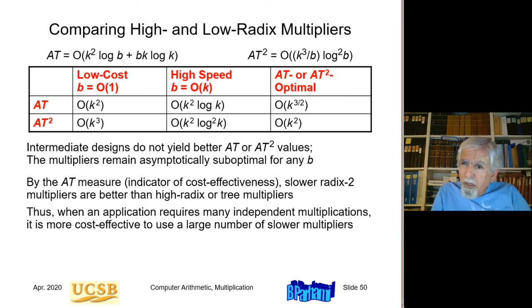These slow multipliers use that area more efficiently, but then I can include maybe 10 of those, 20 of those to compensate for the low speed. These asymptotic results tell me that using a large number of these is more cost effective than using a small number of these.